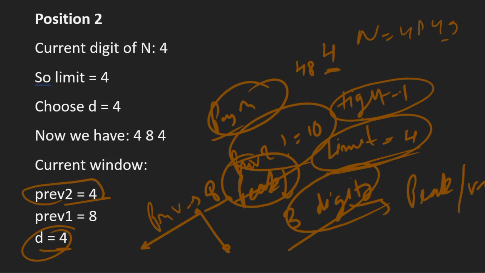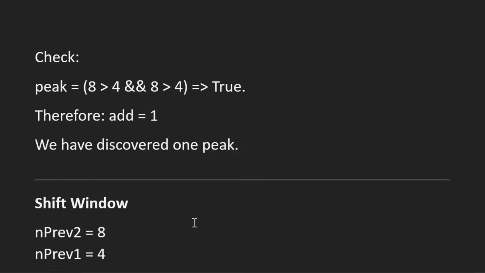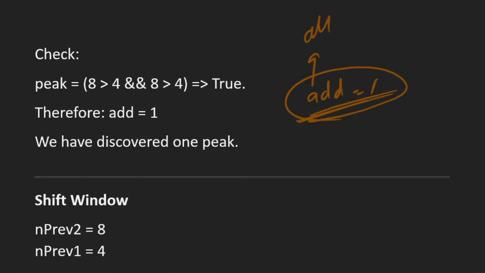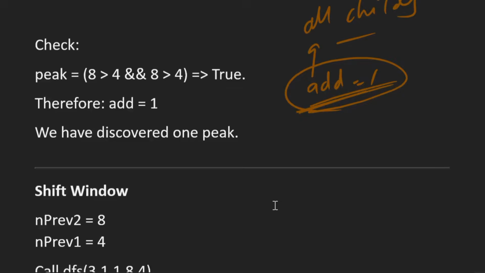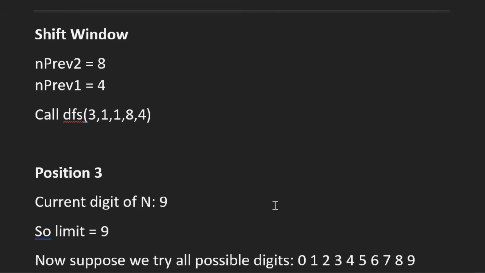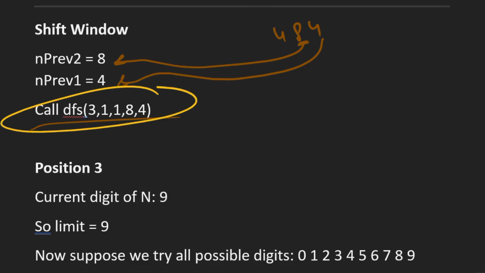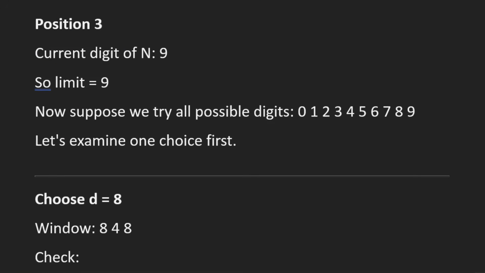As we know, when we get a peak, we make the value of variable add equal to 1. That means we have to add this value to all the children, right? So we have discovered one peak. And now 484, so 8 will become our previous two, and this 4 will become our previous one, and then we call DFS for position 3, right?